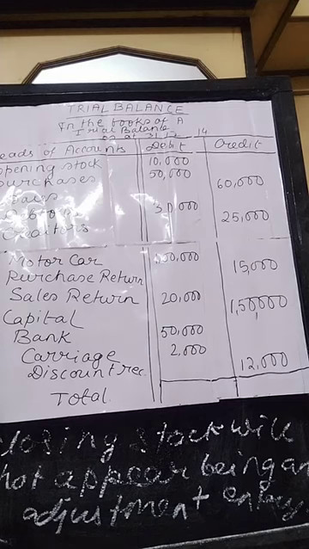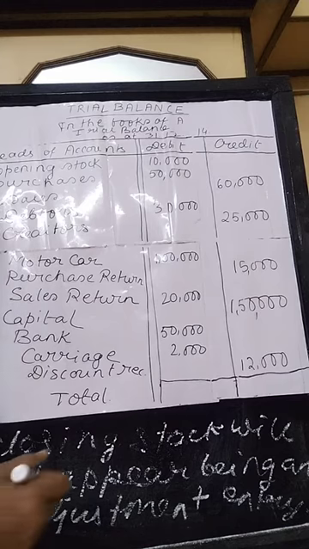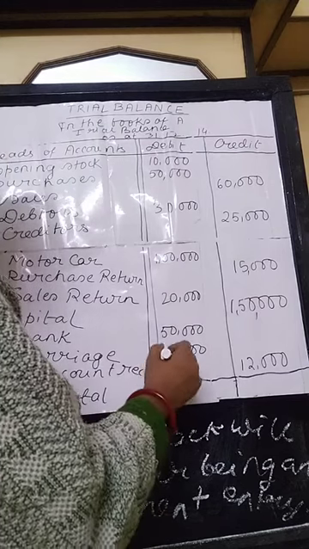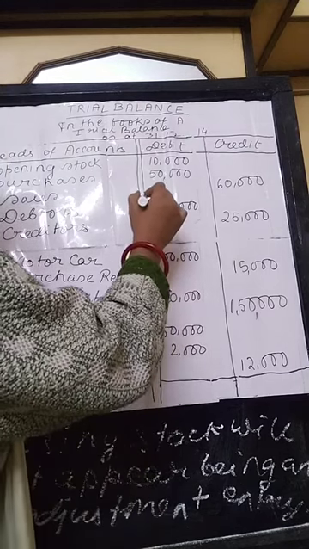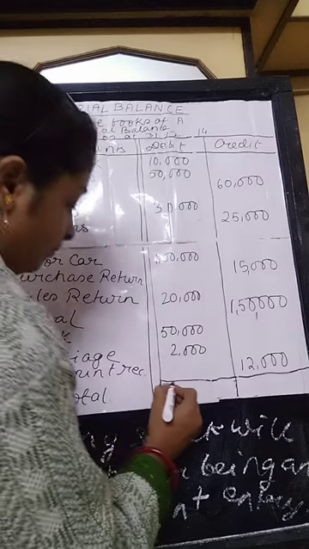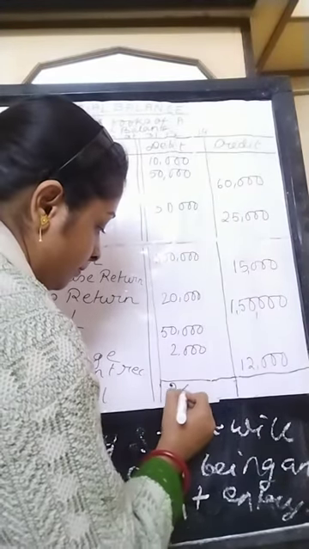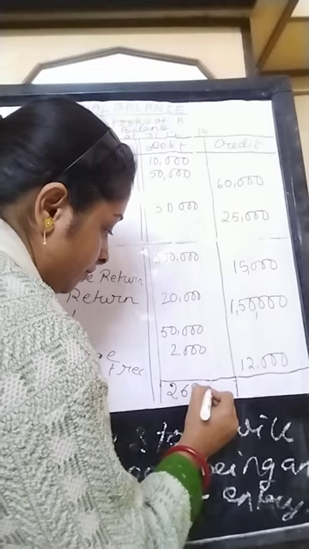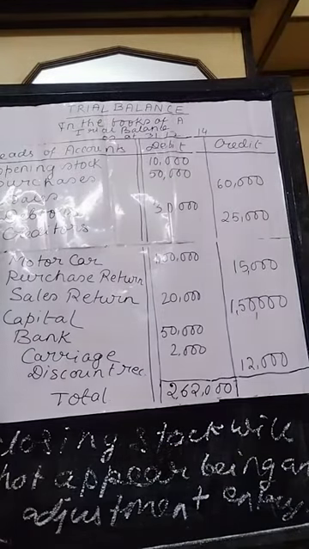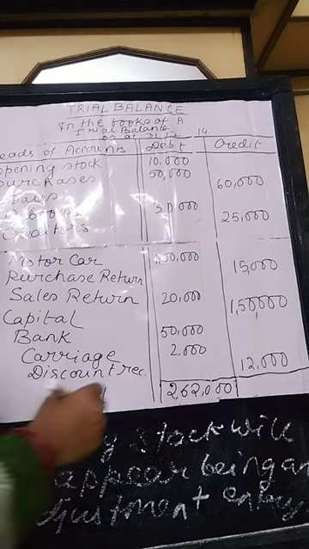Now you do the total of the balance sheet to check the arithmetical accuracy. This side is coming 2,62,000. 2,62,000 is the total of the debit side. Whereas the credit side, let's see the credit side.